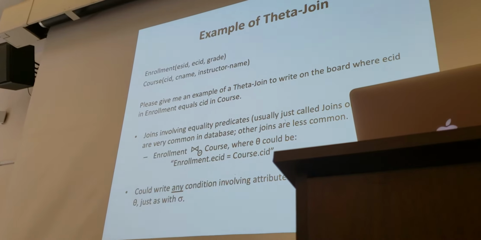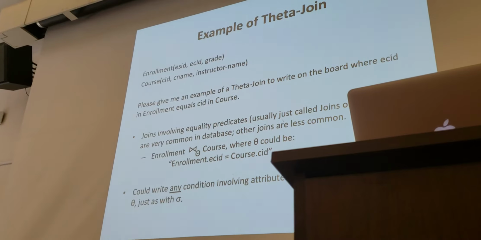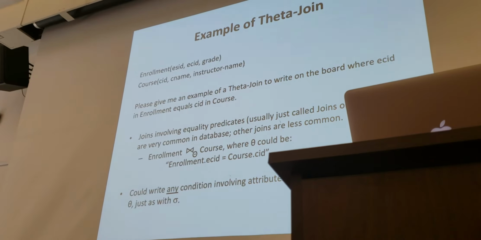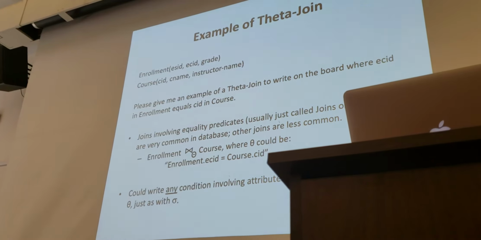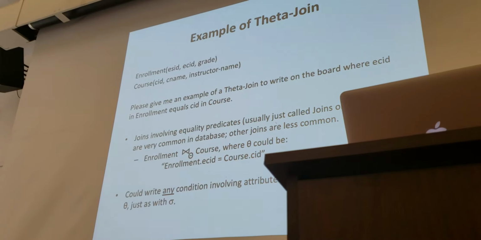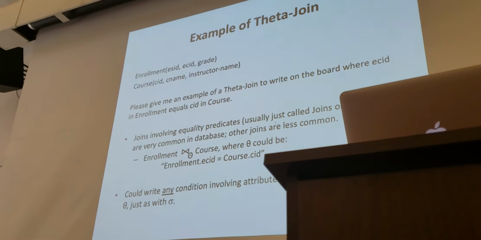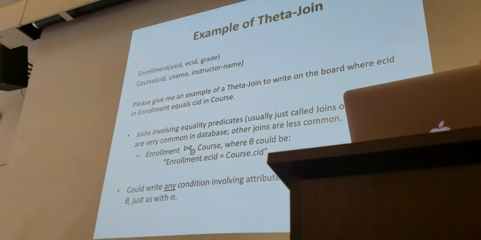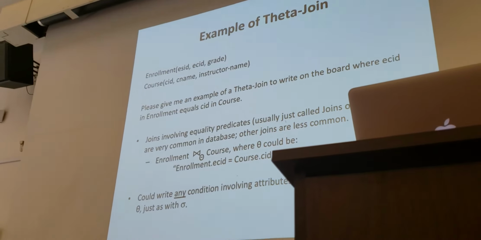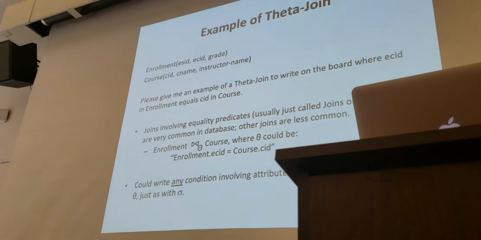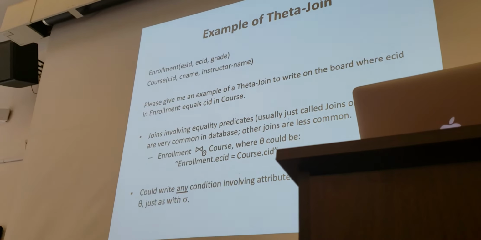So this is an equality predicate, which is usually what you have inside any join. You can write the theta join where theta is enrollment.ECID equals course.CID. And so that's all that's being asked for. But you can write any condition.